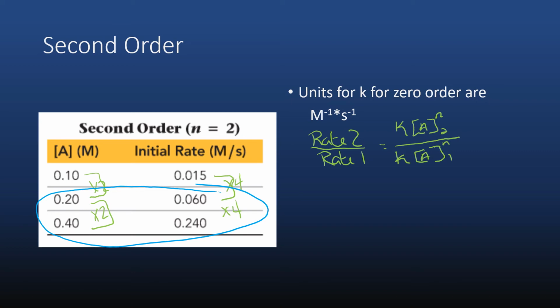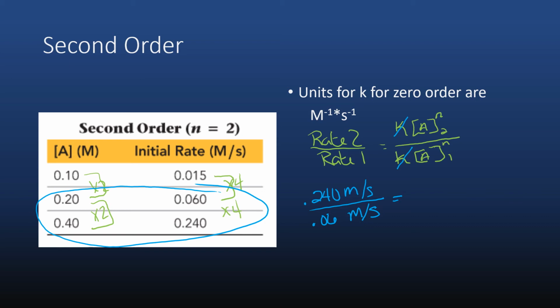So our k is going to cancel out, because the k is the same for both, because it's a constant. So what we're left with is our rate for the second one was 240 moles per second, and our first one was 0.06 moles per second.